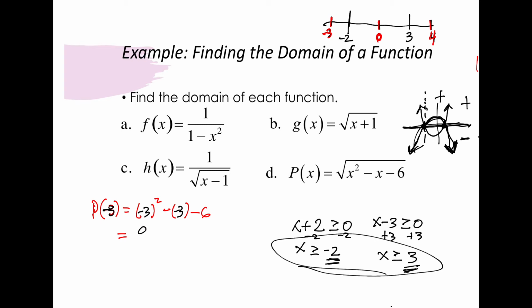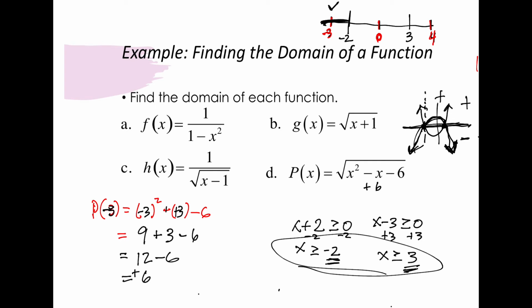So that's -3 squared, which is 9. Subtracting -3, so plus 3. Subtract negative is the same as adding positive. And then minus 6. So 9 plus 3 is 12. 12 minus 6 is 6. So that's a positive outcome. That would be a positive outcome underneath the square root, and that's okay. That's allowed. What we don't want is negatives. So this works out. This area is allowed.